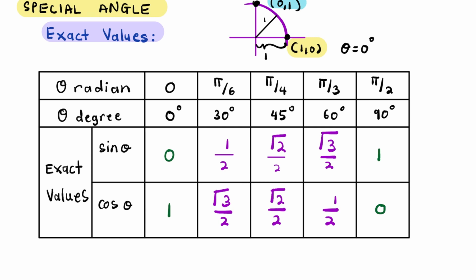Now let's look at other examples of the special values and how to apply them. For example, tangent 45 degrees. We know that tangent is equivalent to sine theta over cosine theta, so this is sine 45 degrees over cosine 45 degrees.